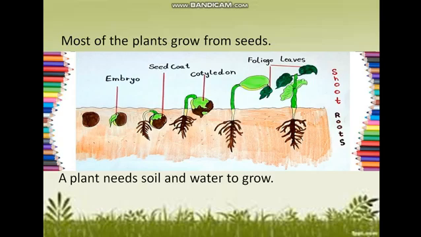As you can see in this picture, we put a seed under the ground, we sow the seed, and then it changes into a plant. What does a plant need to grow? All of you know it needs soil, water and sunlight.